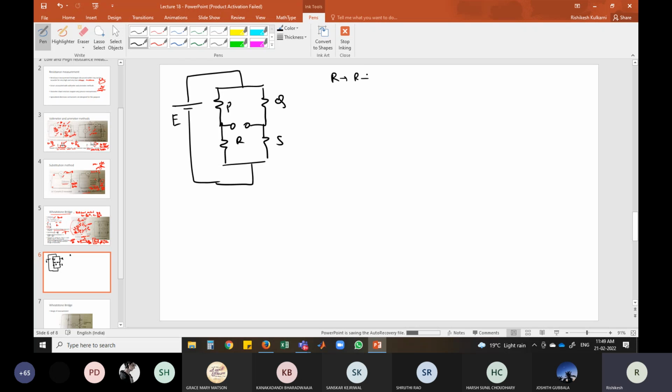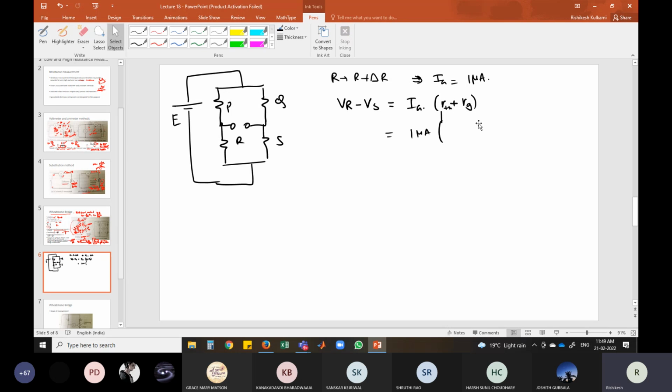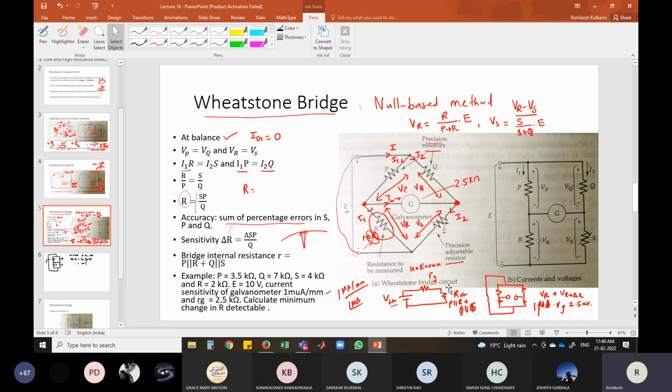R has changed to R plus delta R, which corresponds to Ig of 1 microampere. So this is the voltage difference VR minus VS, which is Ig into R Thevenin plus Rg, that is 1 microampere into RTh plus RG. What is the Thevenin equivalent? P parallel R plus Q parallel S.